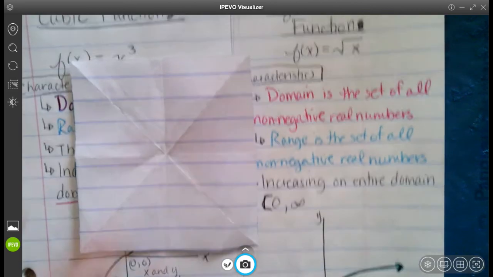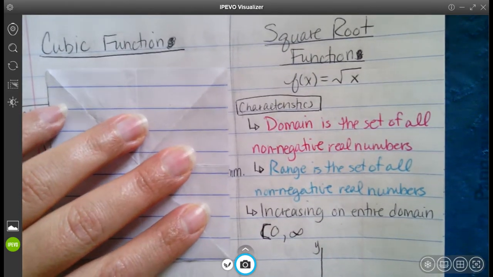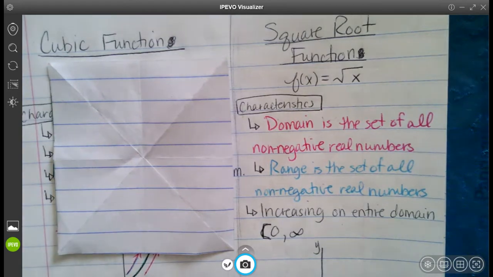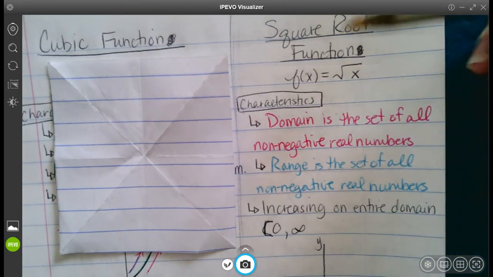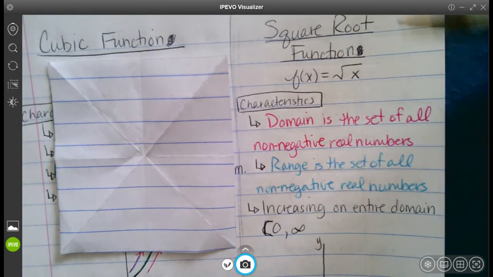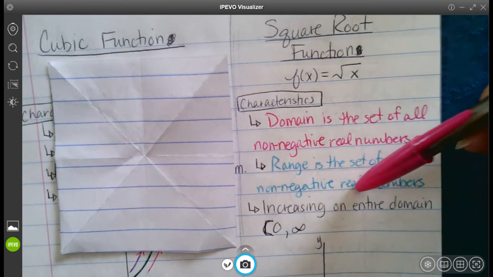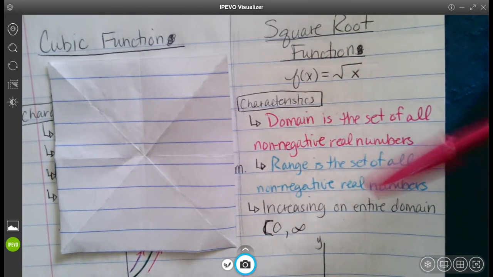And now we're going to look at the properties of our square root parent function. So this guy is, I'm sure you've seen it also. It's f of x is equal to the square root of x. The domain and the range are going to be the set of all non-negative real numbers.